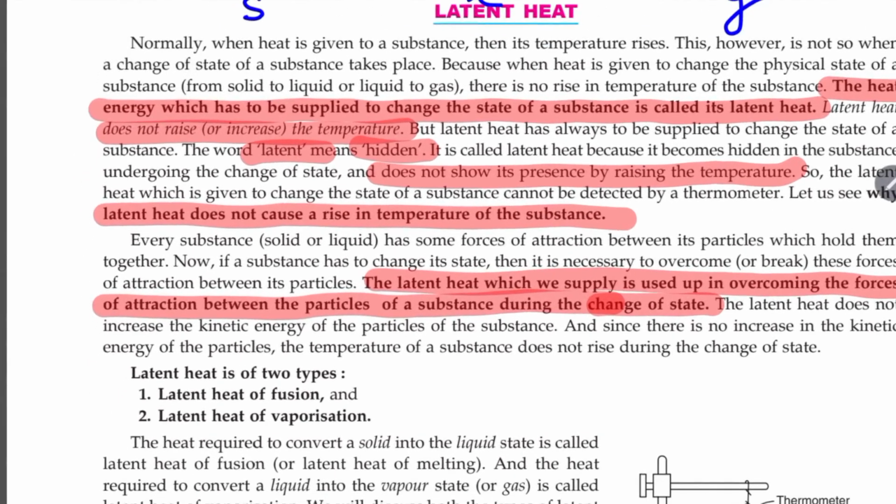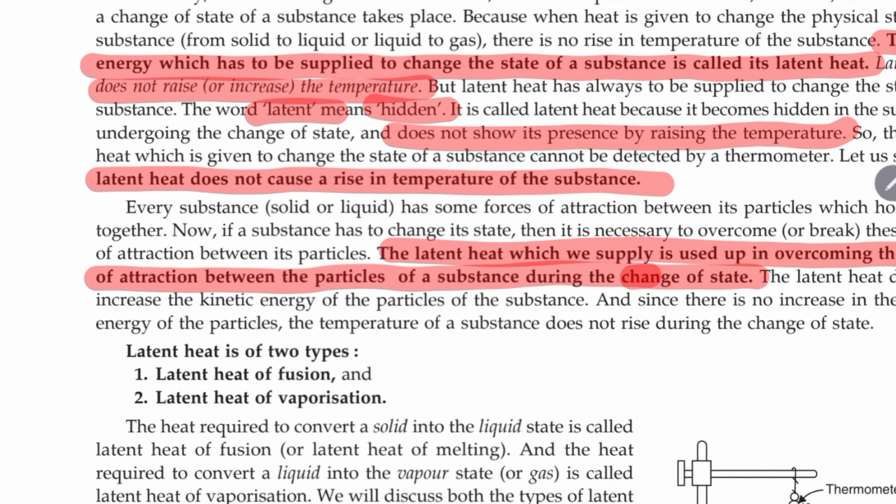Now, latent heat is of two types. It can be latent heat of fusion or latent heat of vaporization. When I say latent heat of fusion, fusion means melting, so changing from a solid to a liquid state. When I say vaporization, that means liquid to the gaseous state.